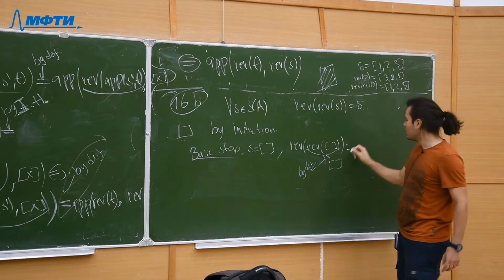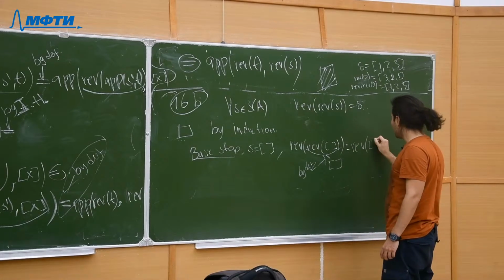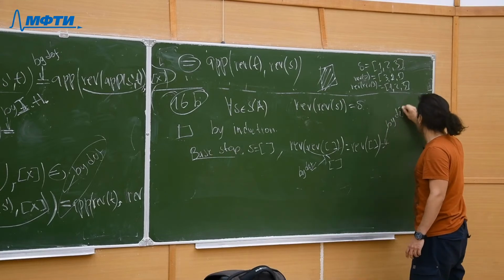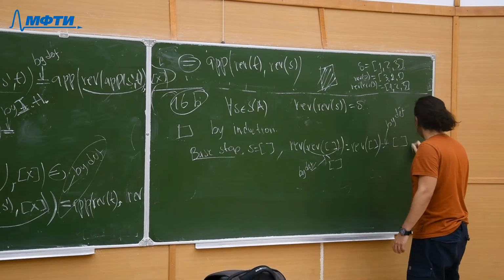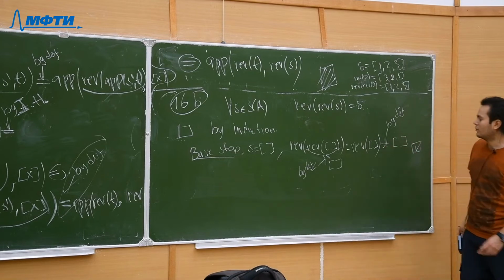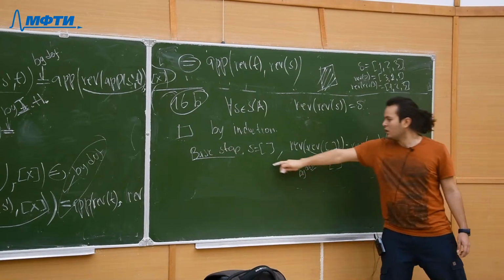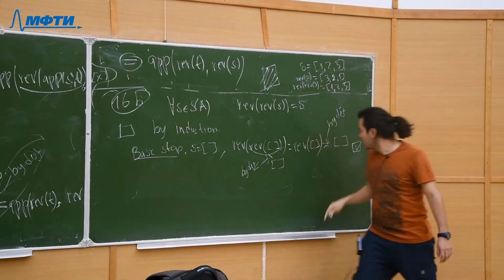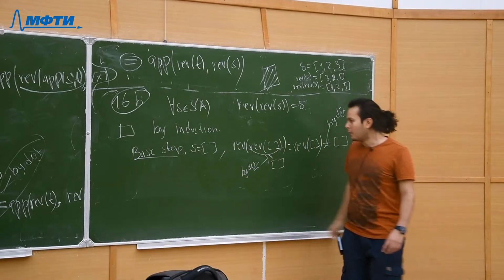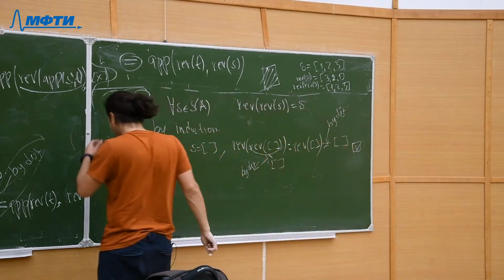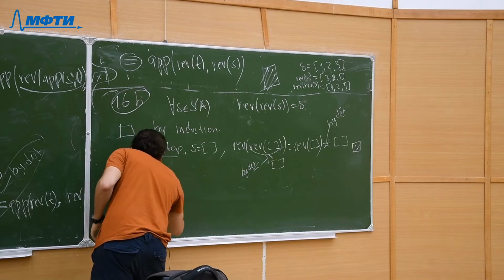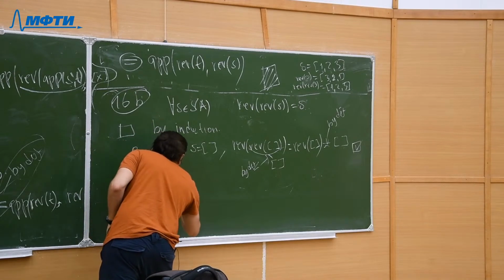And then we obtain the reverse of an empty string. And again, by definition, this is the empty string. Check. Okay. So we took that the reverse of S, which is an empty string, is F. Now, the inductive step.